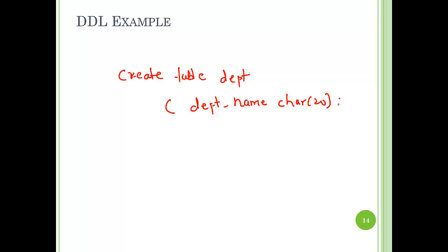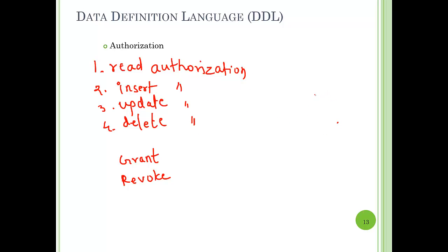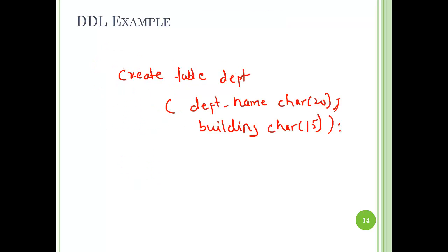So the domain constraint comes over here. Building, character. Again, this has the same domain. So this is called the DDL statement, data definition language statement.